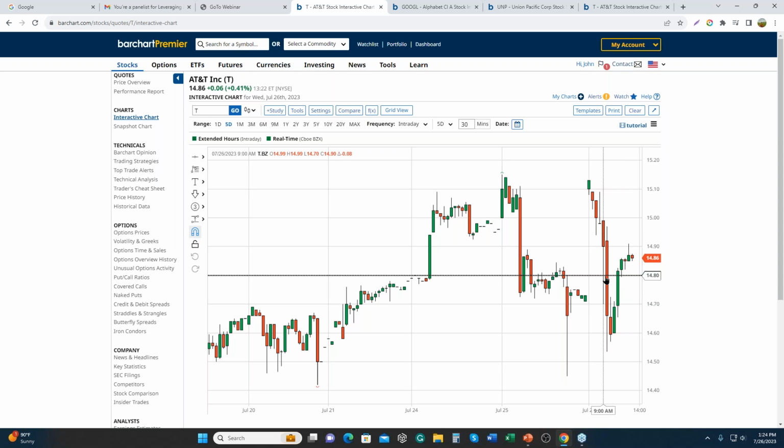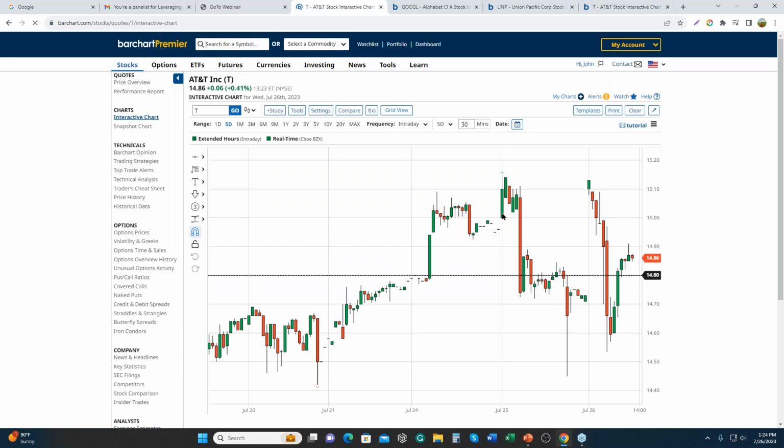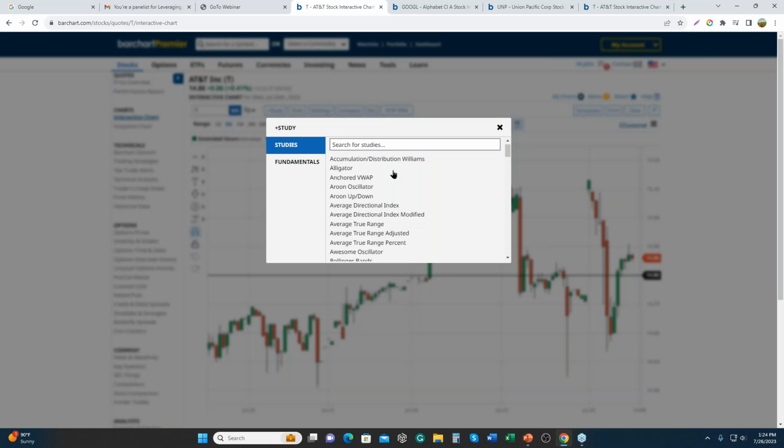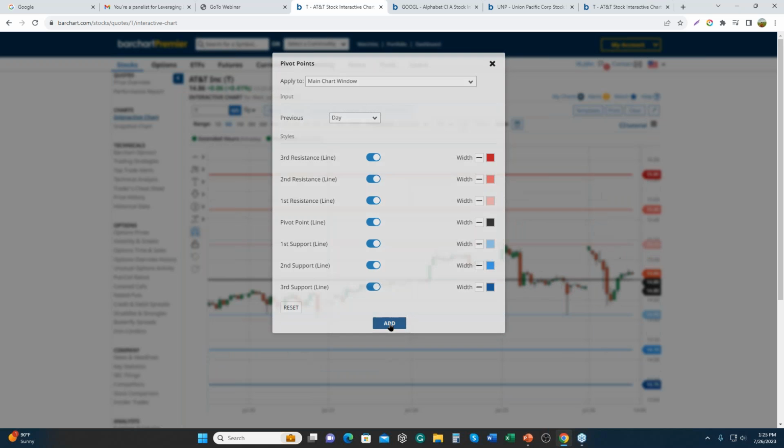Now I'm going to add another layer to this, and that comes from our trader's cheat sheet. That is what we call our pivots, or pivot resistance 1, 2, and 3, and pivot support 1, 2, and 3. There's a cool little study we have here. I'm going to add a study, pivot points, and I'm looking at day. I just want to know what the pivot points are for today, and I'm going to add them in.